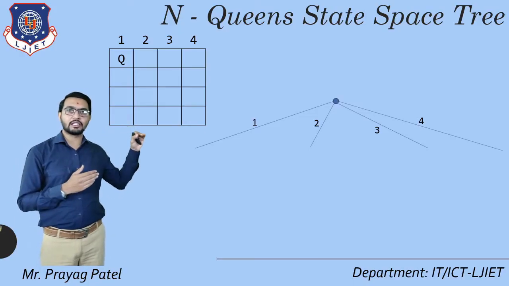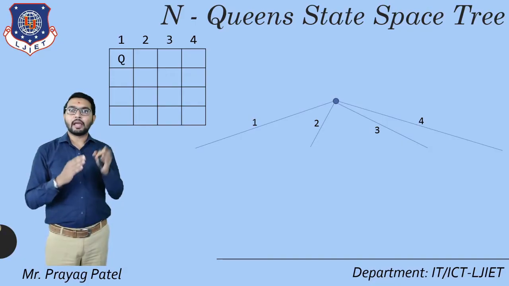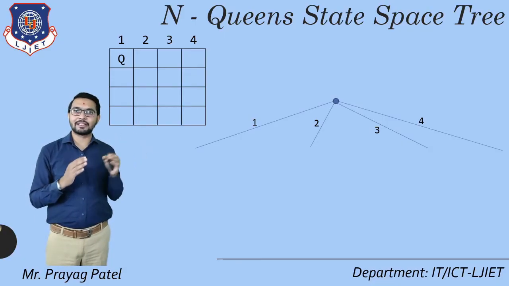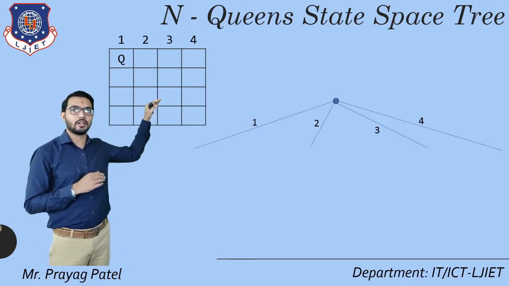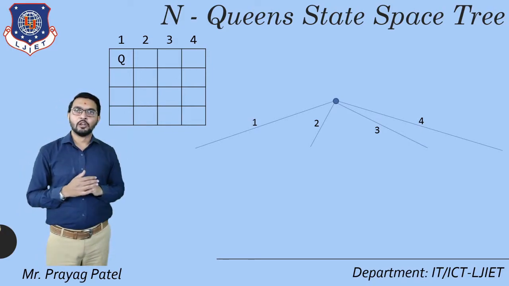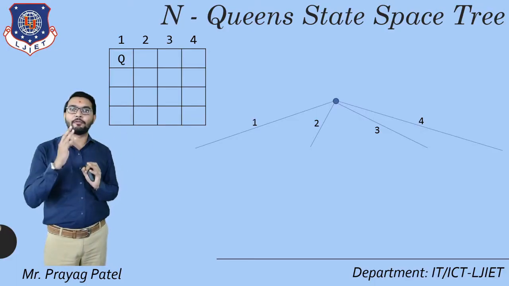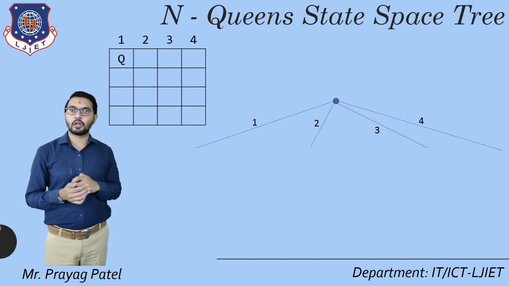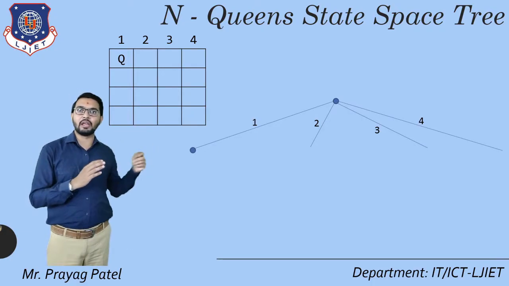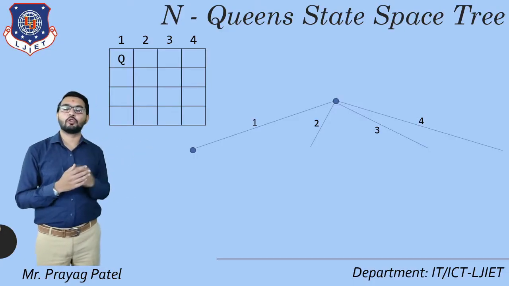So in this tree, the level is your row and the different edges are your columns. The root node is level number 1. At level number 1, in row number 1 you have 4 possibilities: you put the queen at the first position, the first column, or at the second column, the third column, or the fourth column.